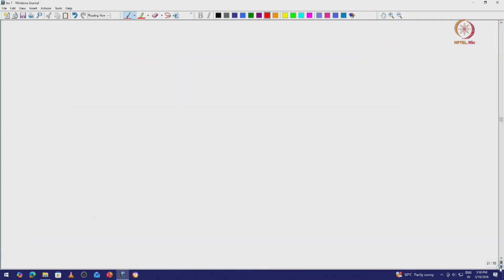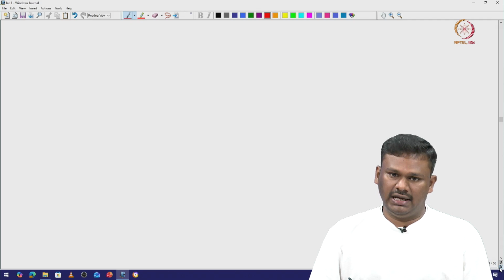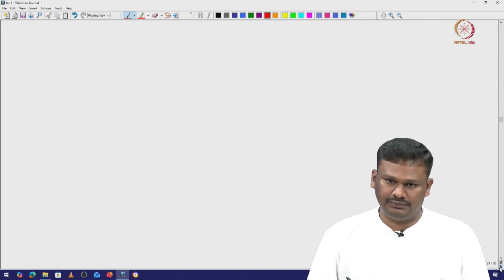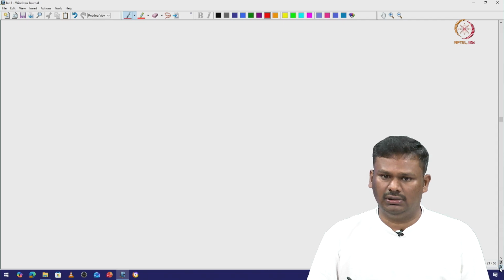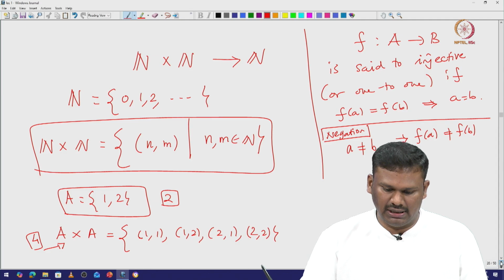But what I want to do now is define a function. To define a function, I need to say what the image of a given element is.